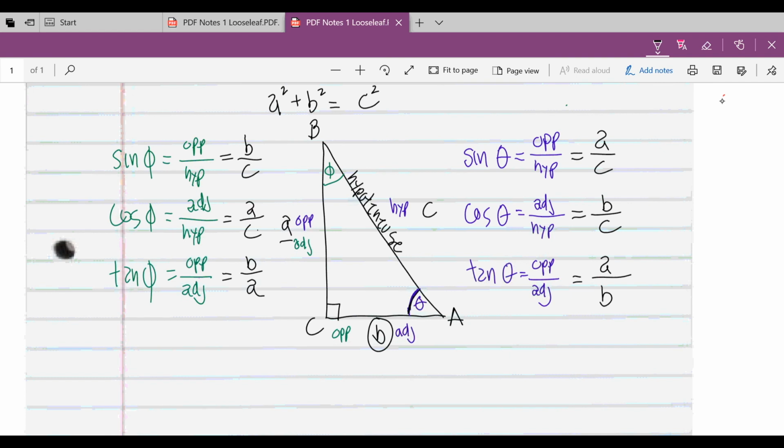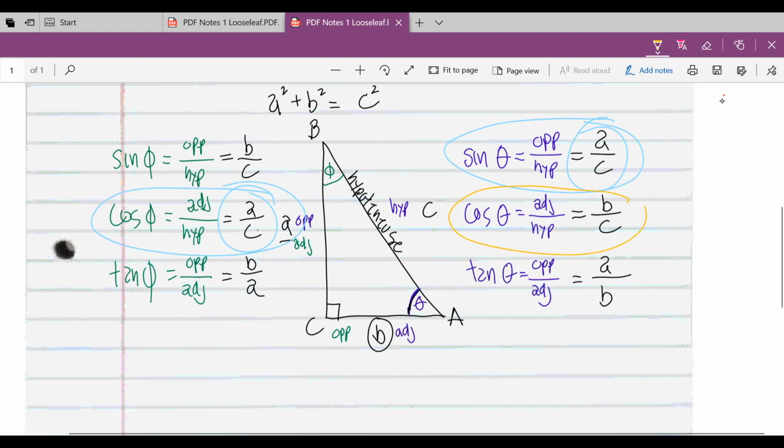And so now maybe you're seeing why I've decided to highlight these two different ways of identifying the sines and cosines of the two different angles. And if you don't see it, let me make it very clear to you. Do you see how the sine of theta, particularly this bit, is related to the cosine of phi? How about the cosine of theta? Especially that.